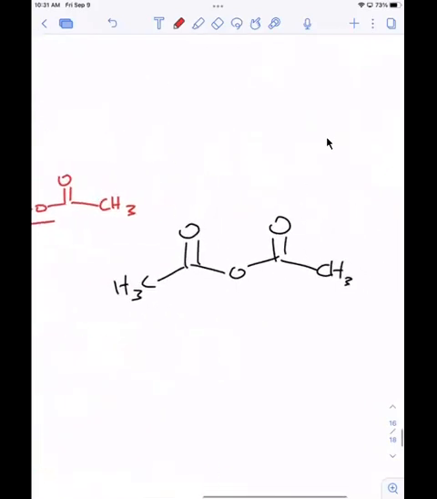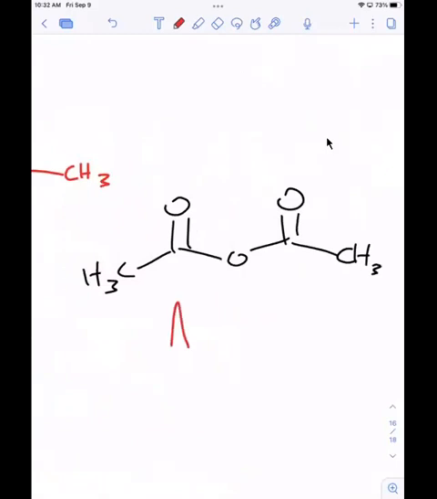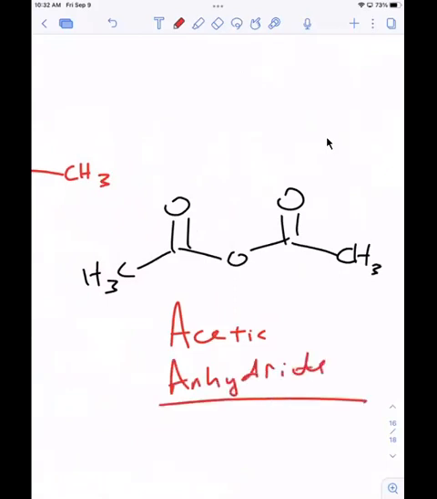Over here, we said that this was acetic anhydride. What type of functional group is the anhydride? What do you see? Let's just go from here.